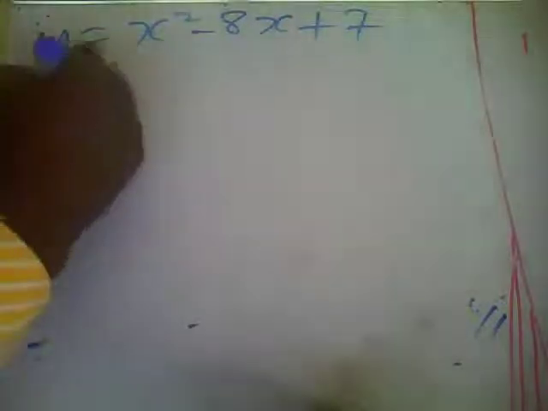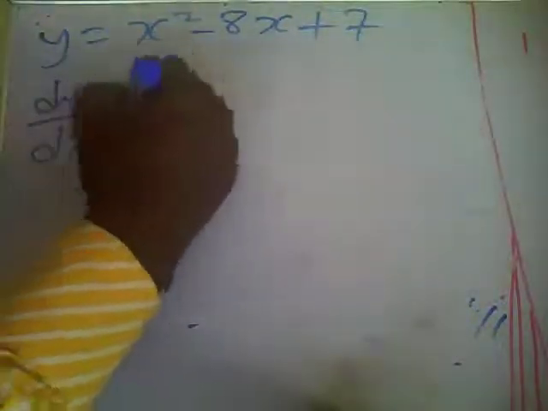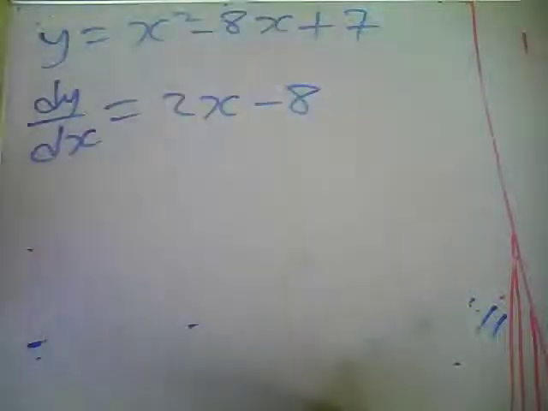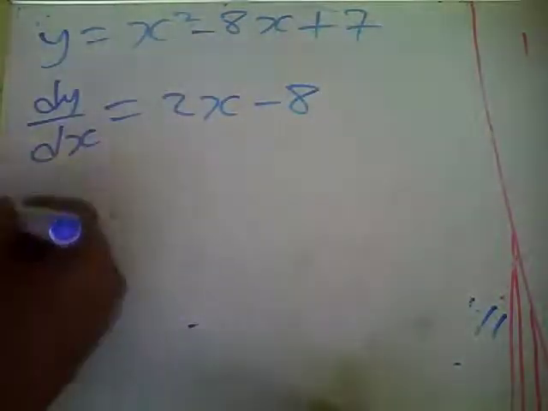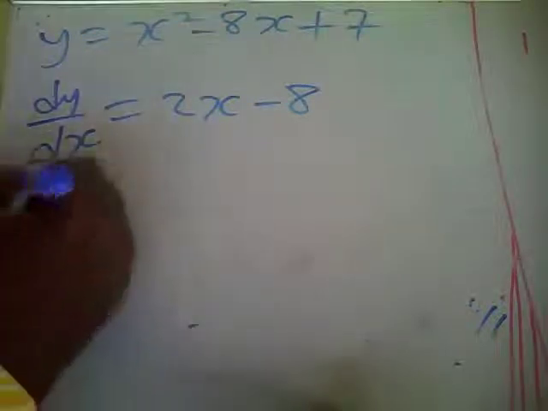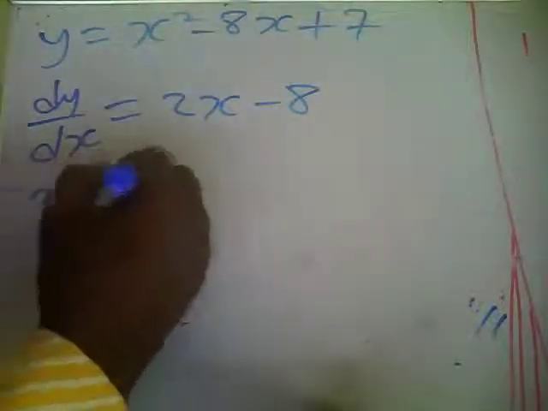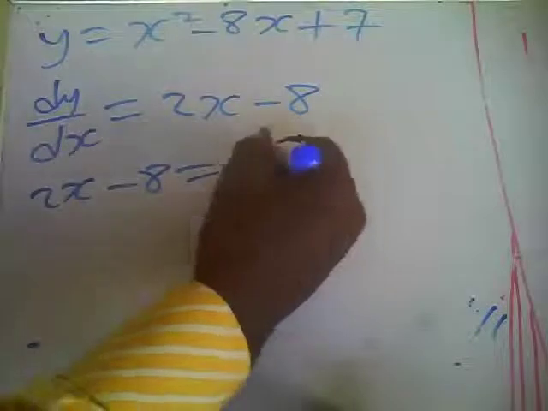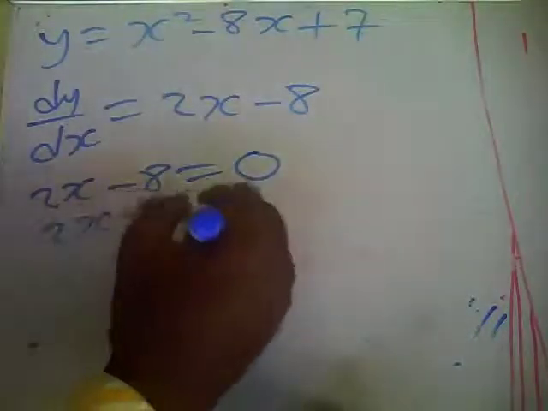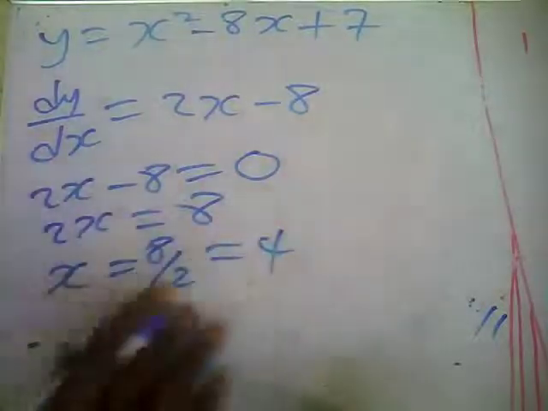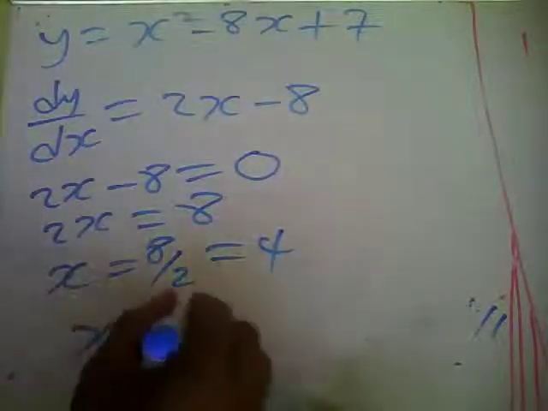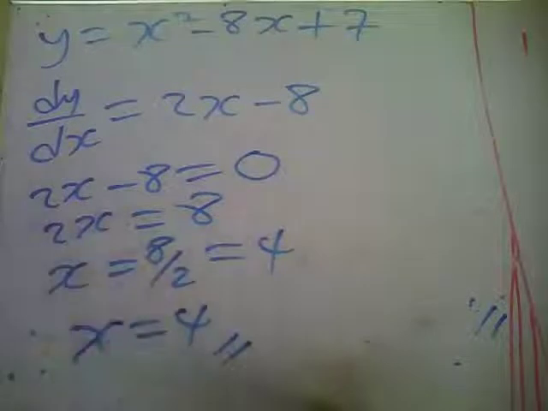Of course, it's a quadratic function, so dy/dx equals 2x minus 8. At the minimum point, dy/dx is 0. So 2x minus 8 is equal to 0, so 2x is equal to 8. So x is 8 over 2, which is 4. So this is the value of x that makes this function minimum.